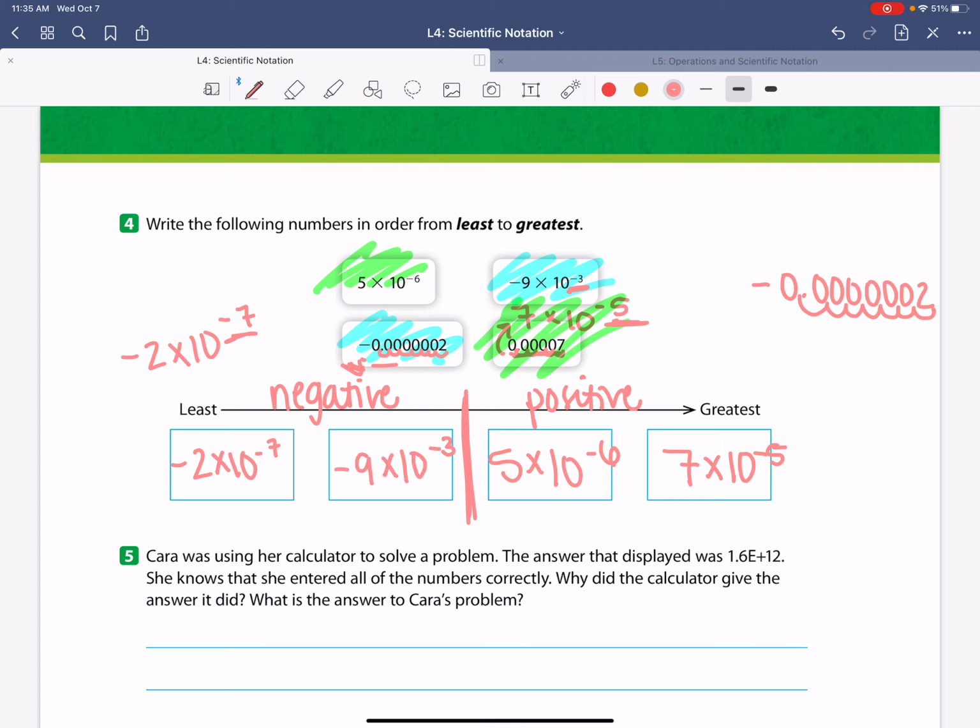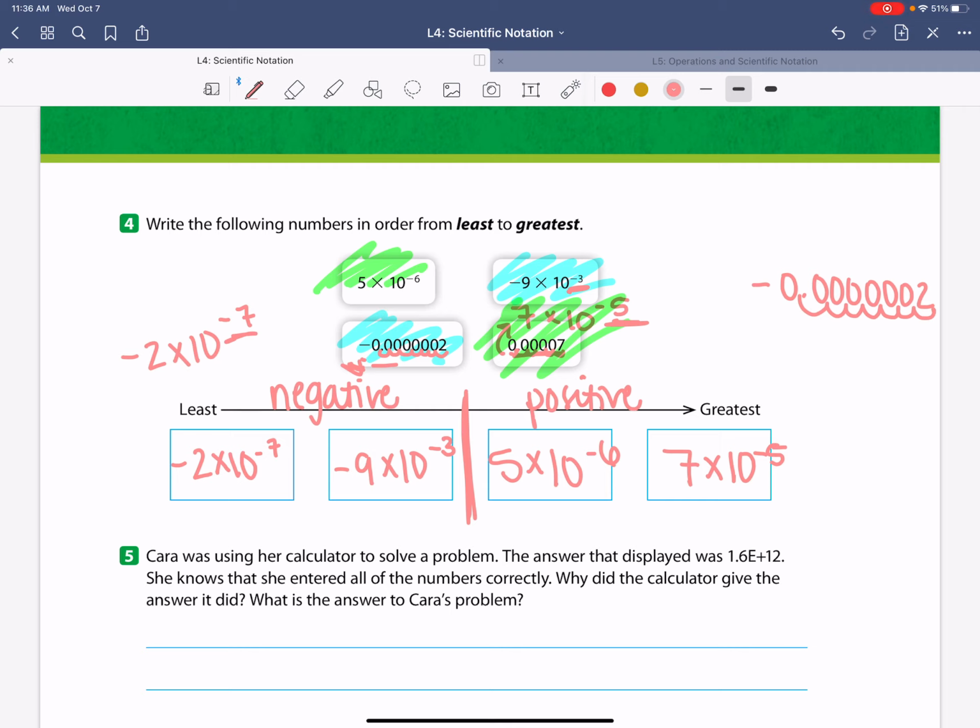This question was very confusing, but as soon as you end up either writing them all in standard form or in scientific notation, if you do it in standard form, it's a little bit easier to see it, I would think, because you'd be able to see the place values and see how many zeros are before the numbers. That's probably way easier than seeing this, but that's okay.